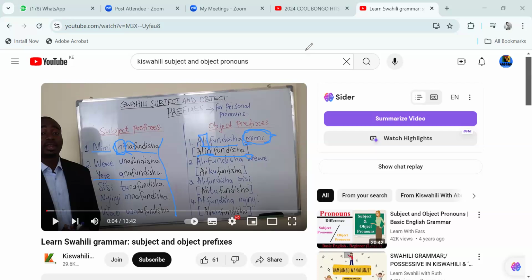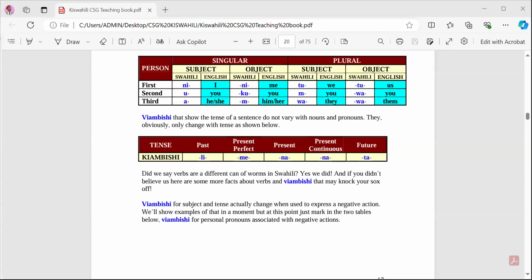Now, for you to understand it further, let's get back to the book chart and see how it comes in the same book here. If you look at this book, you see the object in the first person pronoun here. And the object is ni. Can you see what I'm trying to do here?